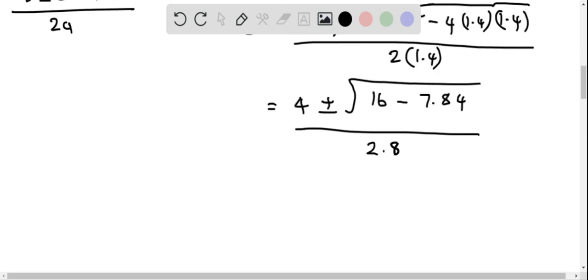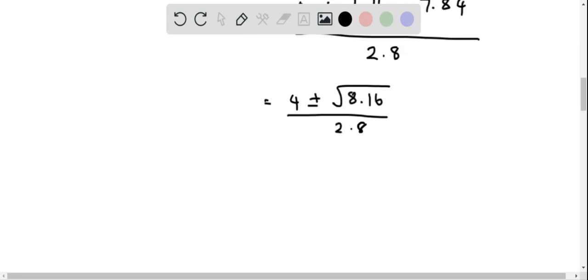So this gives 4 plus or minus the square root of 16 minus 7.84, which is equivalent to 8.16, over 2.8. We can plug this into the calculator and determine the values of t.